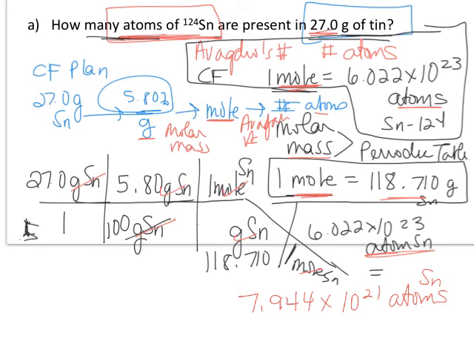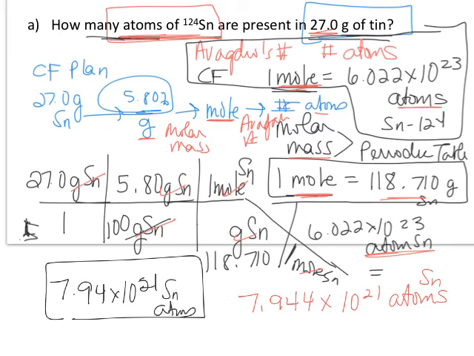And we want 3 significant figures, so this is going to be 7.94 times 10 to the 21 tin atoms. So that is a lot of tin atoms.